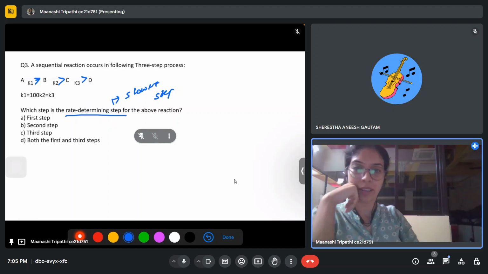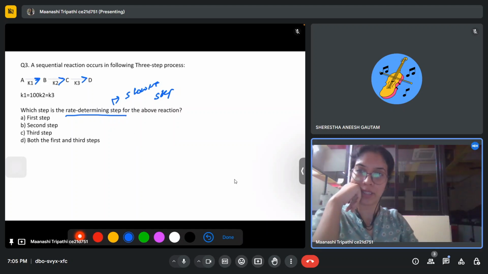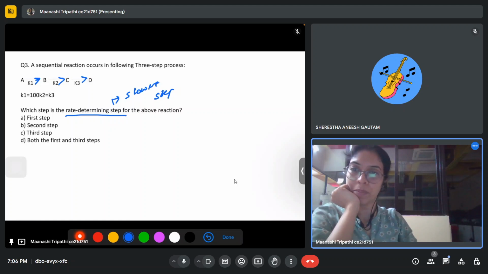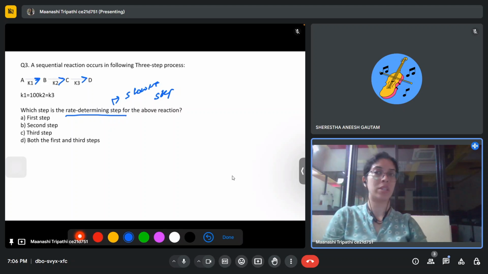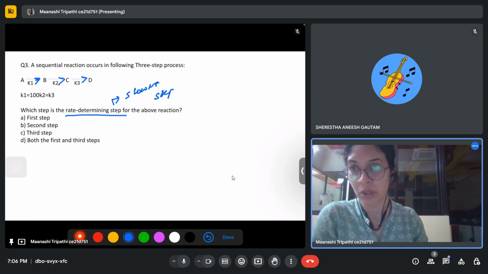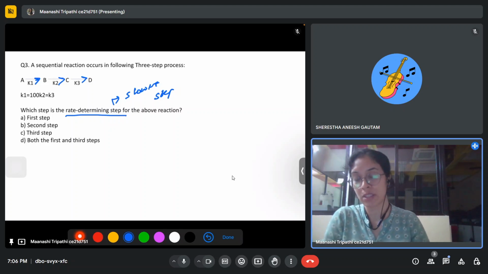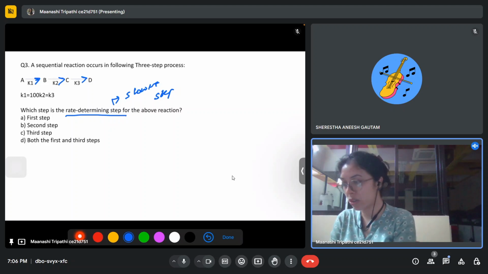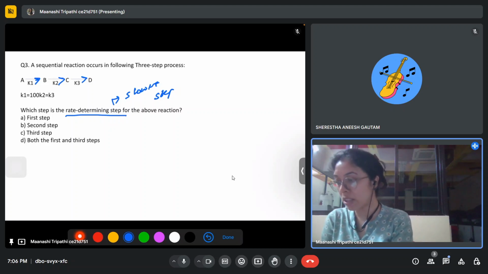Think again. Your answer is wrong. Please think again. We are talking about the slowest step. So which among these is slowest? From this equation we can see K1 is equal to 100 times K2, which is 100 times K3.